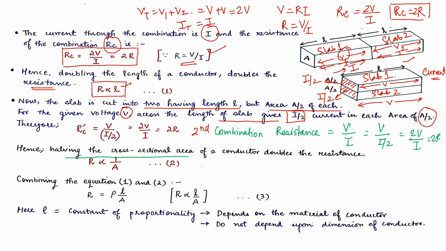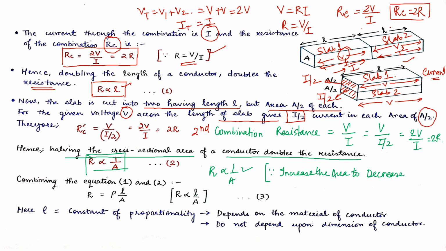Halving the cross-sectional area of the conductor doubles the resistance. Okay. Resistance is inversely proportional to A. So we can write, therefore, increase the area to decrease resistance or vice versa.